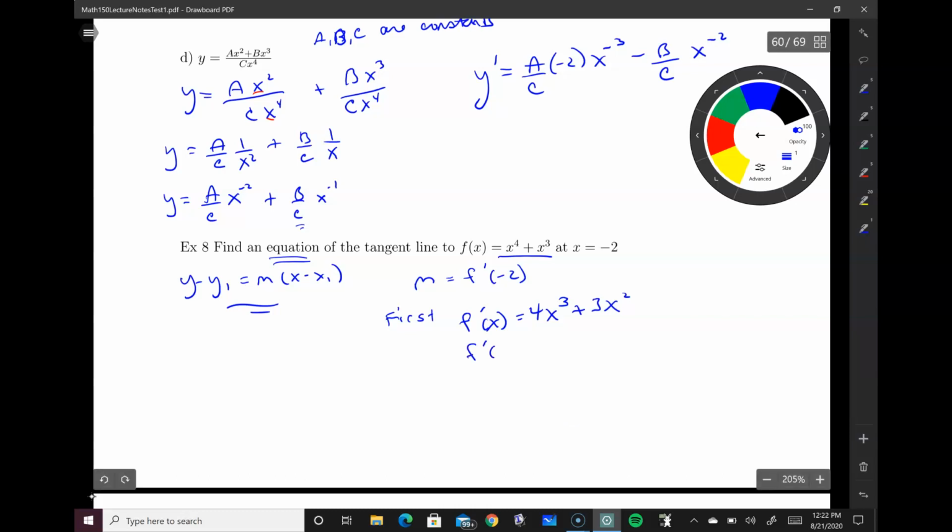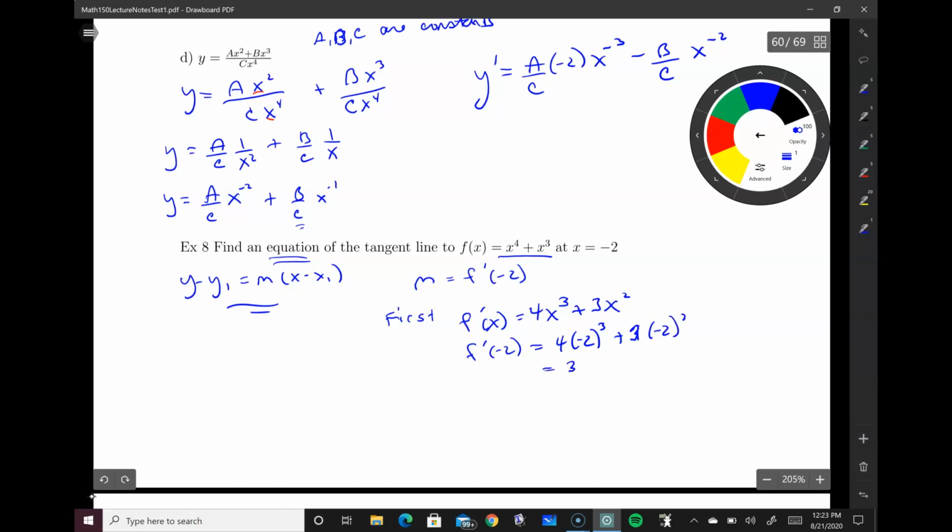Now go plug in the number negative 2, and that will tell me the exact number m that will give me the slope. So I'd have 4 times negative 2 cubed plus 3 times negative 2 squared.